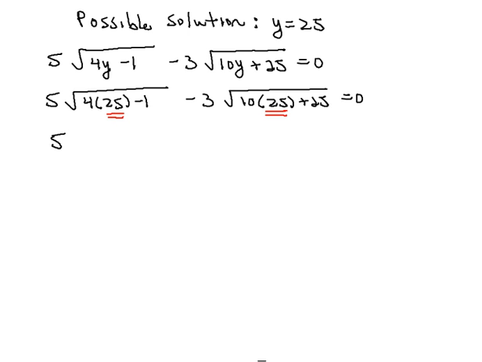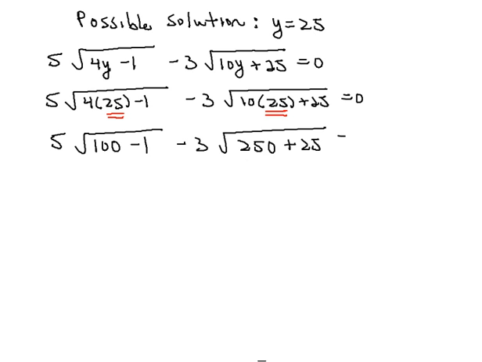So we have then 5 times the square root of 100 minus 1 minus 3 times the square root of 250 plus 25 is equal to 0. Then going back to the first term, that becomes 5 times the square root of 99. Then minus 3 times the square root of 275 is equal to 0. And now we want to look for perfect square factors in each of these radicals.